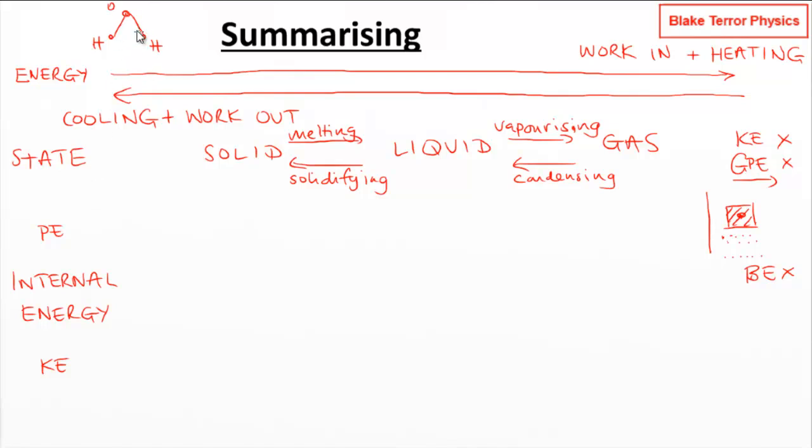There's going to be certain stresses on the shape of the structure, potentially. There's going to be kinetic energy of the vibrations inside the molecule. Now, this is all included in thermodynamics. It's still thermodynamic energy. It's just much more difficult to describe. It's still included in our work in plus heating and our work out plus cooling.